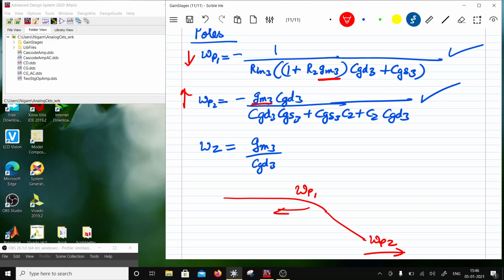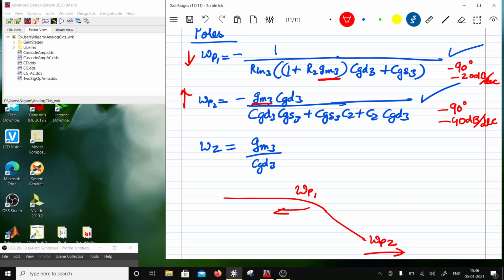What does it mean? Whenever pole 1 comes in, I have a 90-degree roll off, and then I have minus 20 dB per decade. Now if I come to the second pole, I have another minus 90 degrees, and then I would have minus 40 dB per decade roll off.